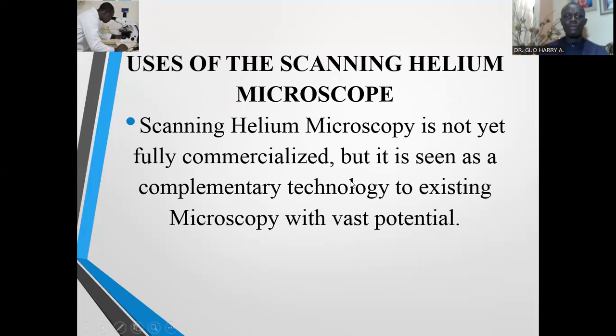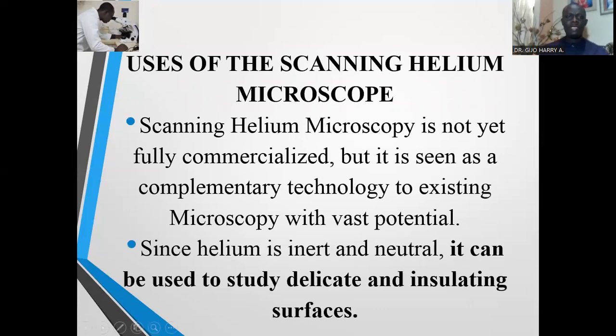Scanning helium microscopy is not yet fully commercialized, but it is seen as a complementary technology to existing microscopy with vast potential. Since helium is inert and neutral, it can be used to study delicate and insulating surfaces.